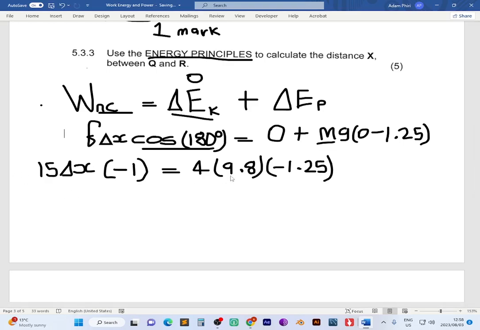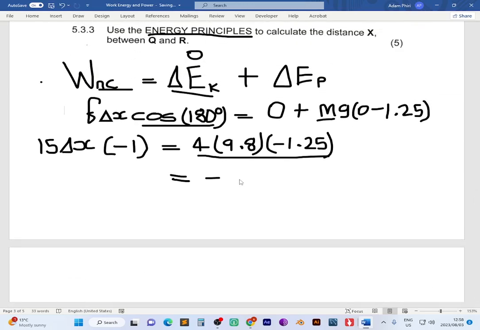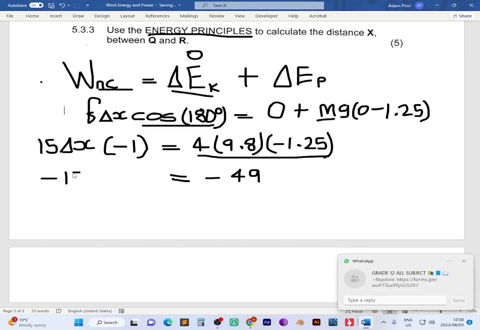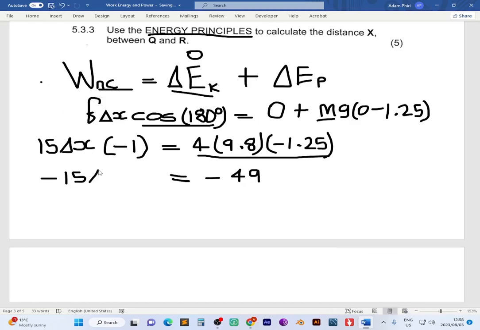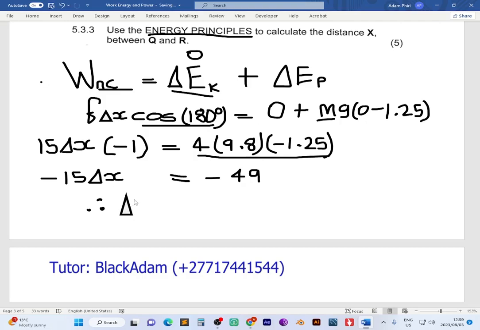And then just do your maths there, find that equivalence, which is going to be 4 times 9.8, and then you have this side -15, and then from there you have the change in x. So the change in x, as you can see, is exactly what we are looking for.